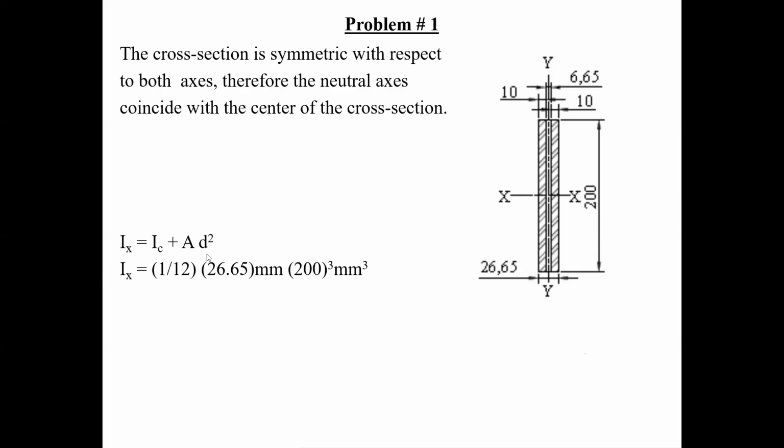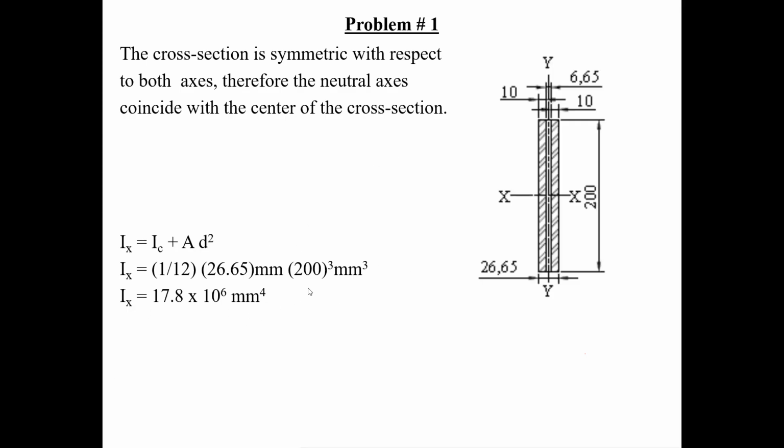Here there's no D, so this part goes to 0, and I end up getting my IX value. I don't have to move the individual regions into the centroid of the overall section because everything coincides. The D goes to 0, therefore the IX value is there.